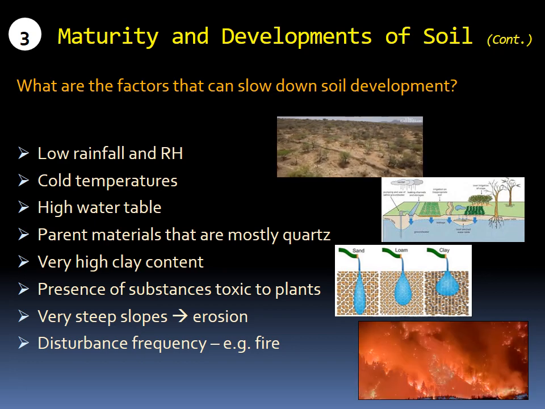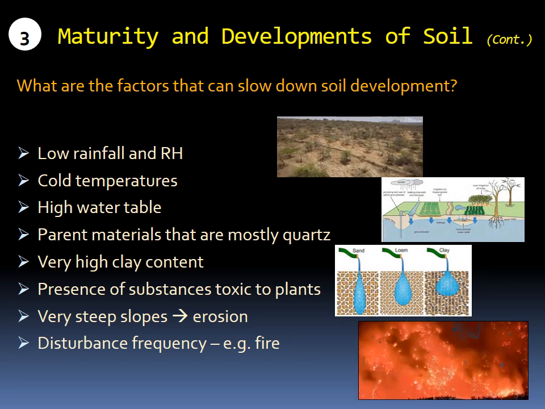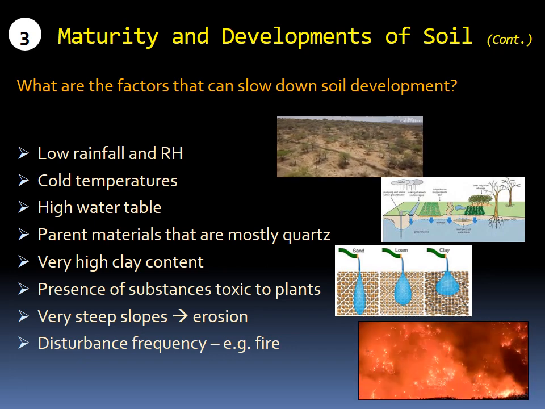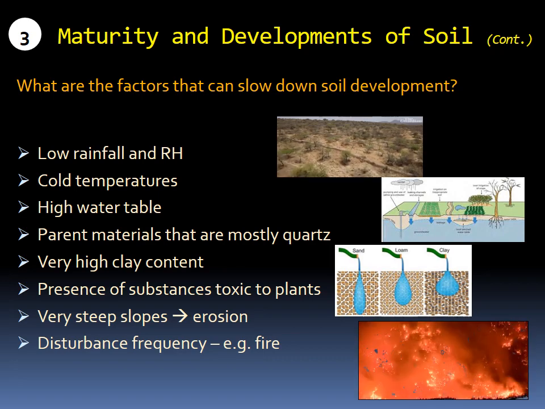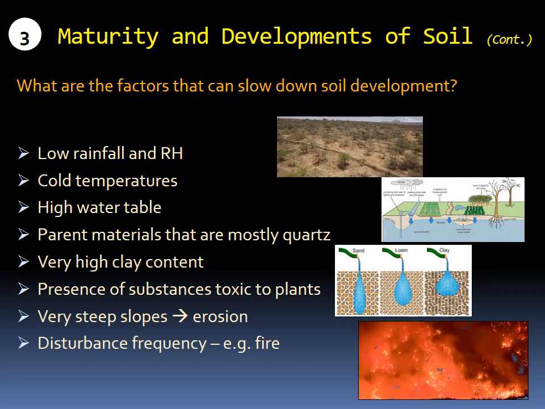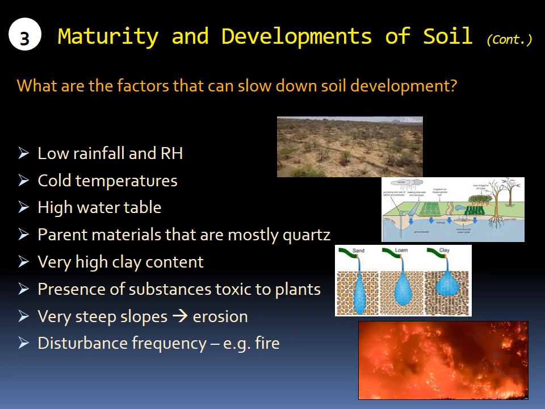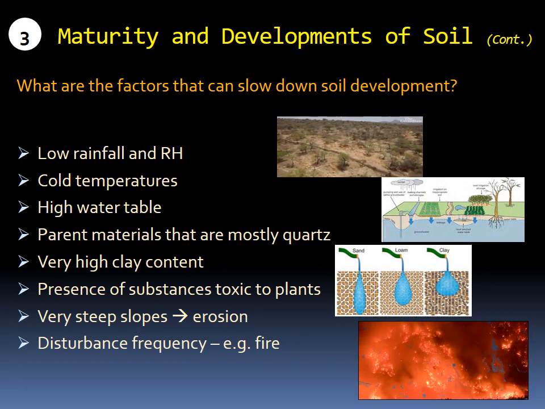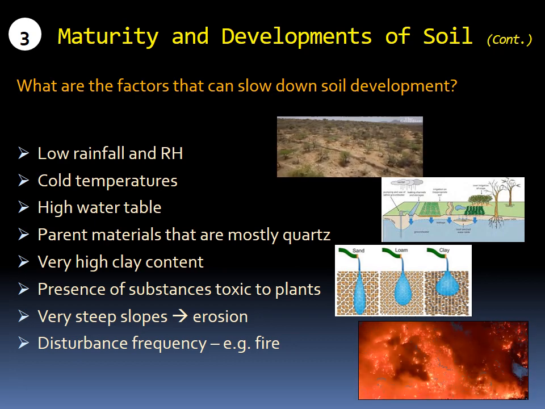You don't have aeration, and that won't be good for all sorts of biological activities. You will not have microorganisms, or it won't be good for plants unless those plants or biological factors can tolerate saturation conditions. But most of the time, most of the creatures prefer well aerated conditions, not a saturated condition.